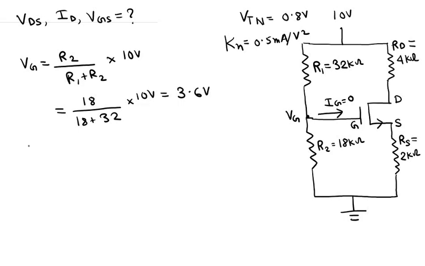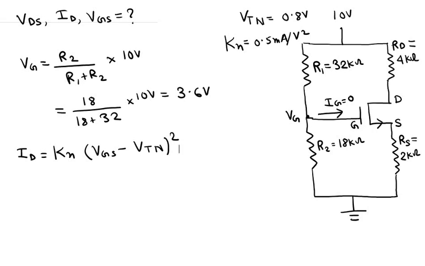Now this current ID is given by capital K, the conduction parameter, into VGS minus VTN whole square. This equation we have seen earlier, provided that our MOS is actually in saturation. Here I do not know whether the MOS is in the saturation regime or the triode regime, so we are making an initial guess that the MOS is in saturation.